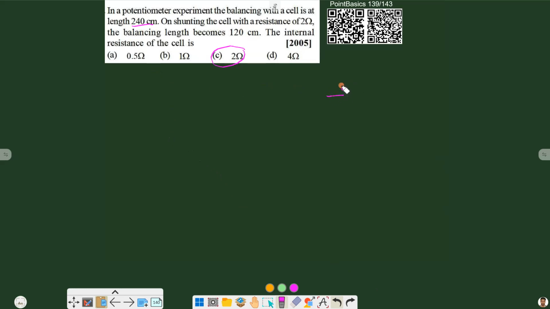Suppose initially the cell had internal resistance R and EMF E. This EMF E was balanced by 240 centimeter. Now we added a parallel resistance of 2 ohm. So now the current in this circuit will be I equal to E by R plus 2, and the potential across this 2 ohm resistance V2 will be current times resistance, so 2E by R plus 2, and this potential is balanced by 120 centimeters.